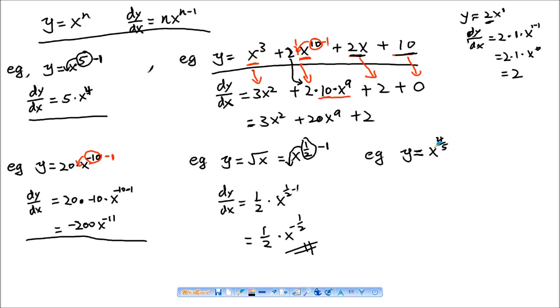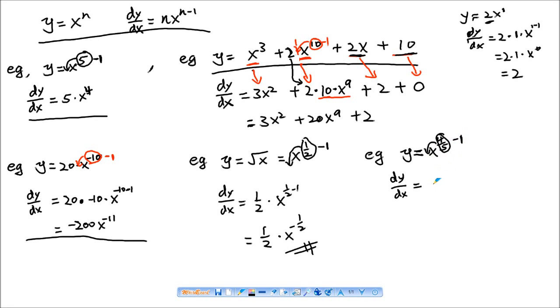In this case the power is a fraction. To do it, what we need to do is dy/dx equals, using the same concept, move the power to the front, and take away 1.